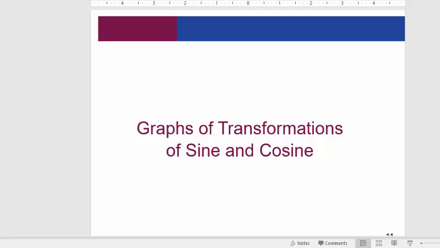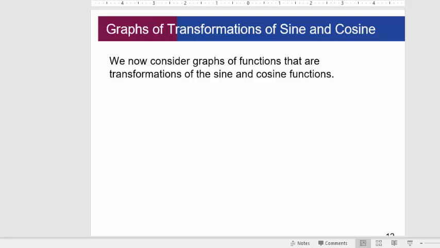Now that we've seen the basic sine and cosine graphs and what they look like, let's look at some transformations of these sine and cosine graphs. The first thing that we actually saw before is that sine and cosine are really just horizontal shifts of one another.